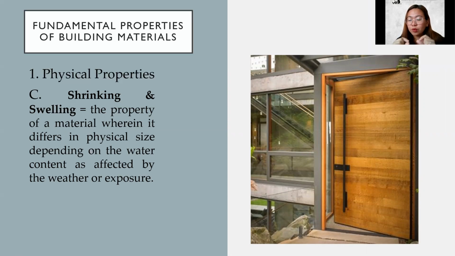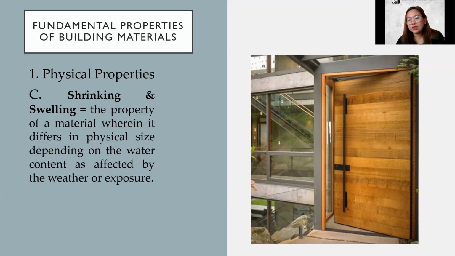So, kung mapapansin nyo, kapag malamig, yung pintuan ng bahay, lalo na pag pure kahoy, para siyang lumalaki, di ba? Hindi na nag-fit or nahihirapan ng isara. Lalo na pag dumating yung tag-ulan, yung sunod-sunod na ulan, yung water content niya is nagsuswell.